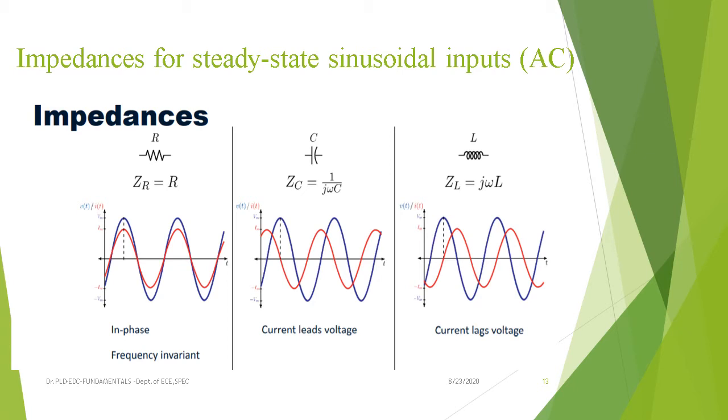I of t, in red color, indicates the current waveform and blue color indicates the voltage waveform. If you observe, the voltage and current meet at the same point here, which indicates there is no phase difference between the current and voltage in the case of a resistor.